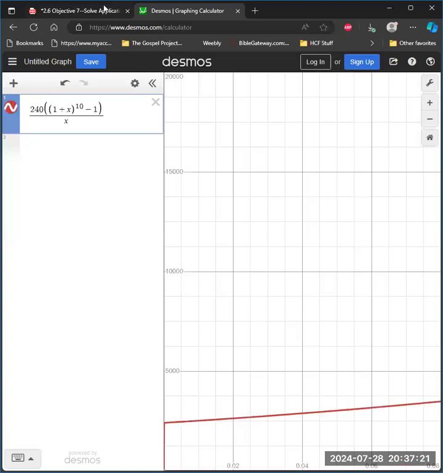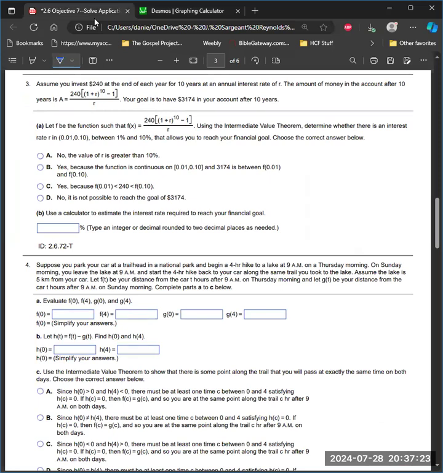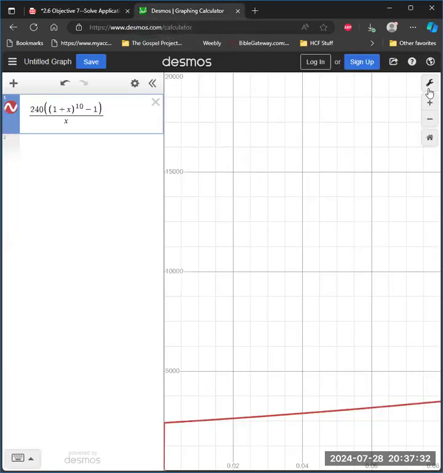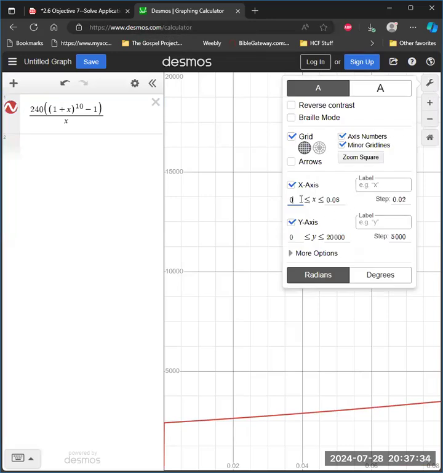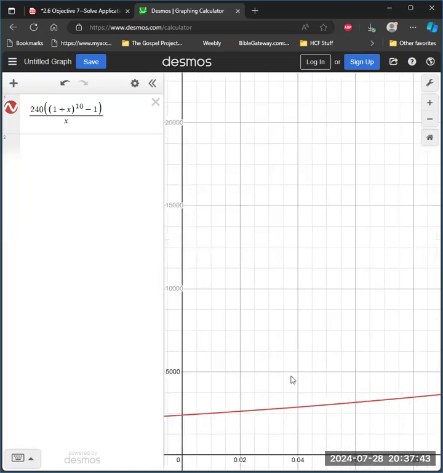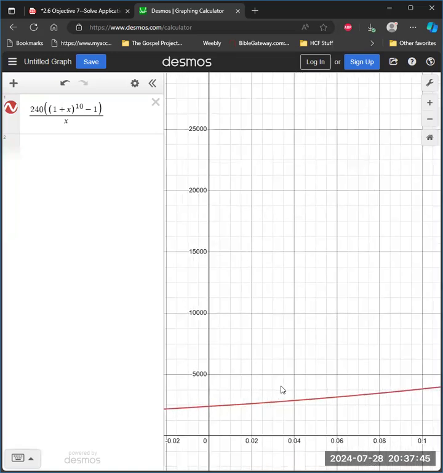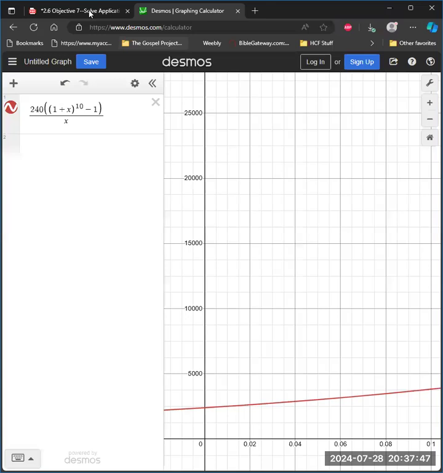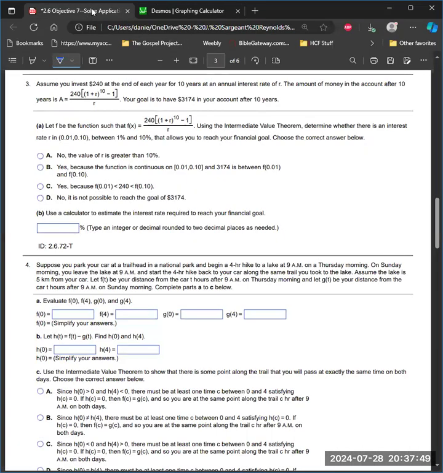And we want to look between 1/10 and 10, or 1/100th and 10/100ths. So 100th and 1/10. It looks continuous to me on that interval. And then let's go ahead and see.